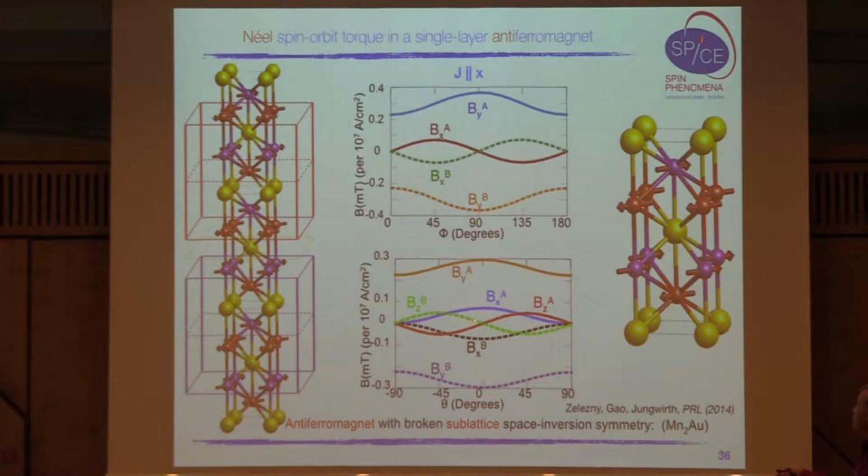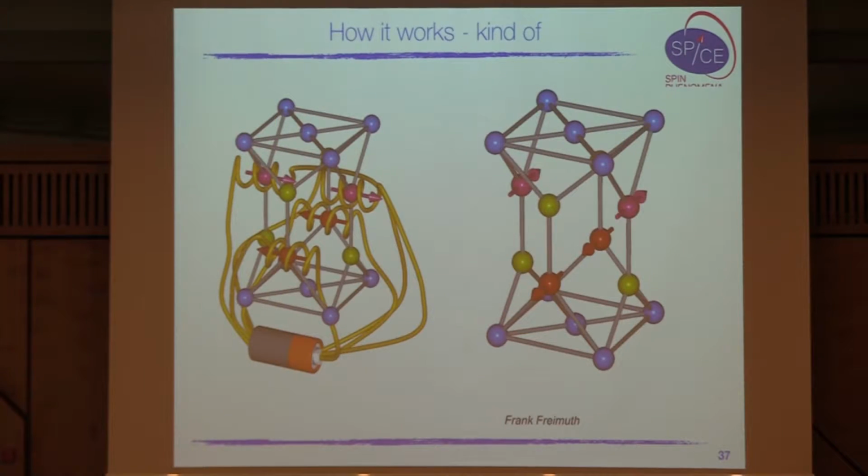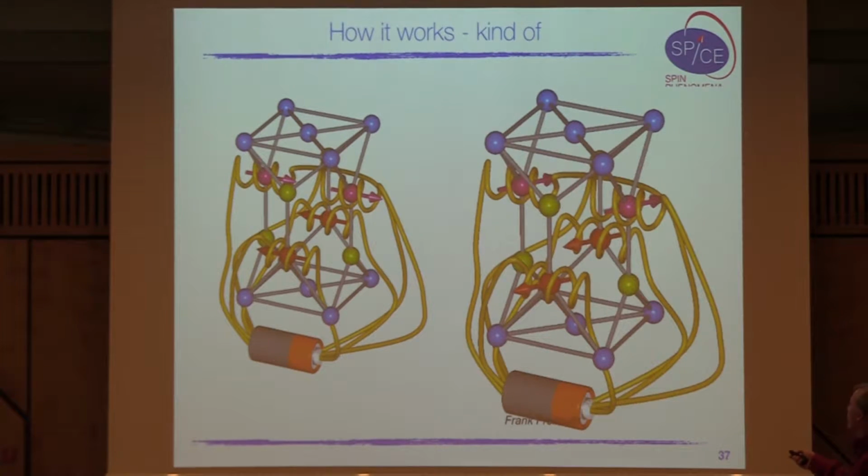It varies a little bit, but not a lot, and it's opposite for opposite sublattices. Sublattices A and B have opposite signs. And this is the non-equilibrium polarization generated particularly close to these atoms.